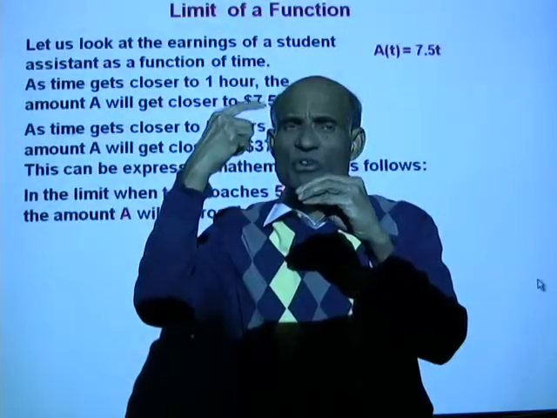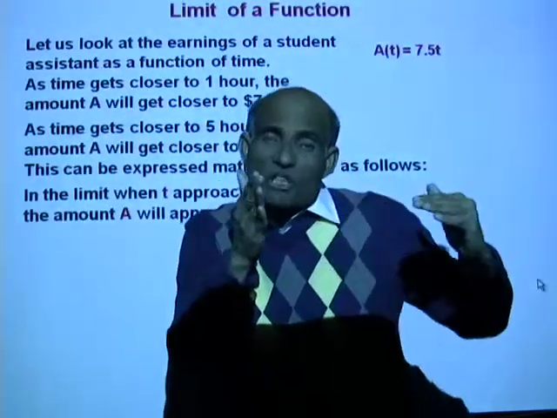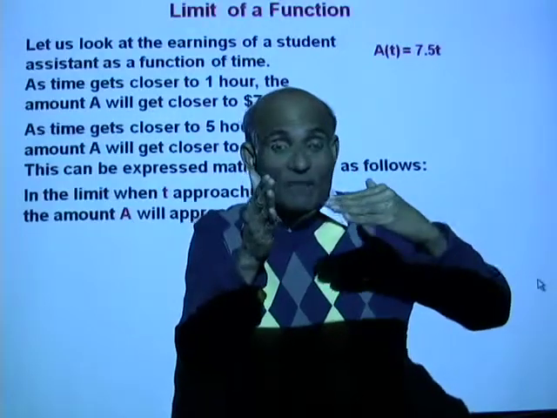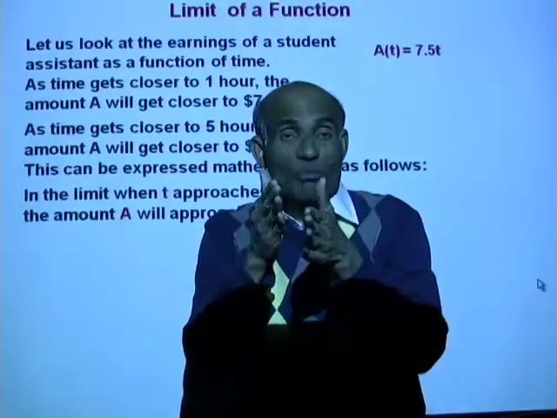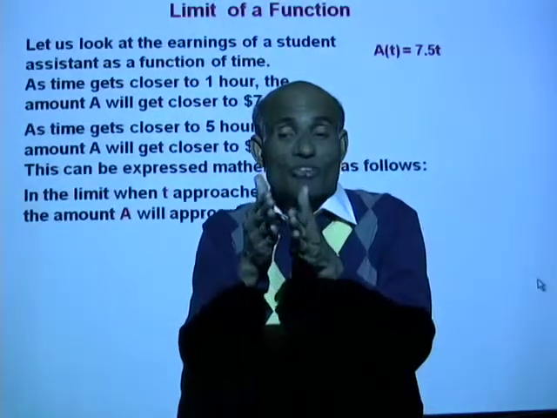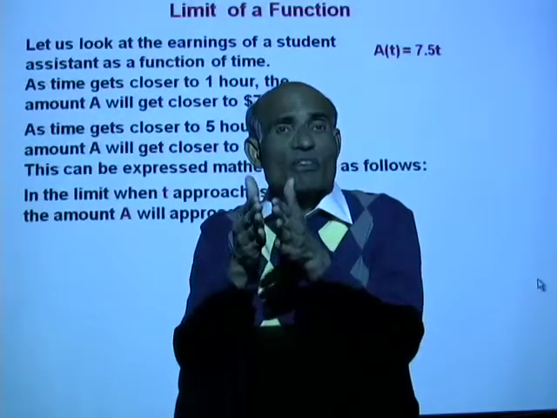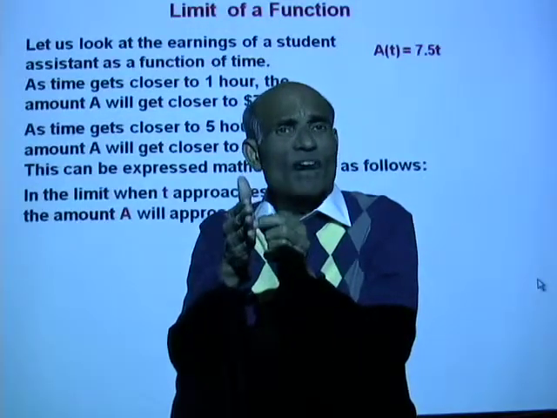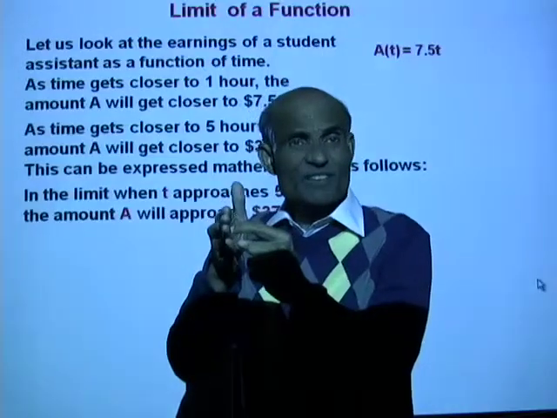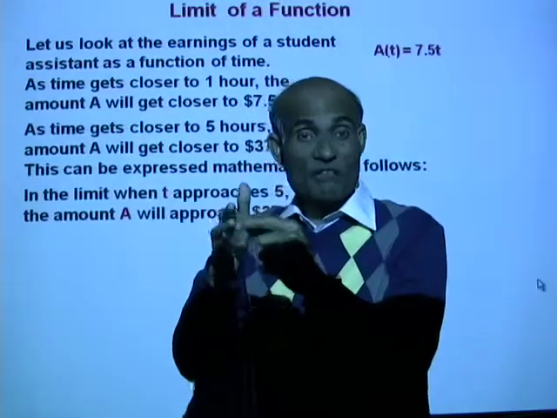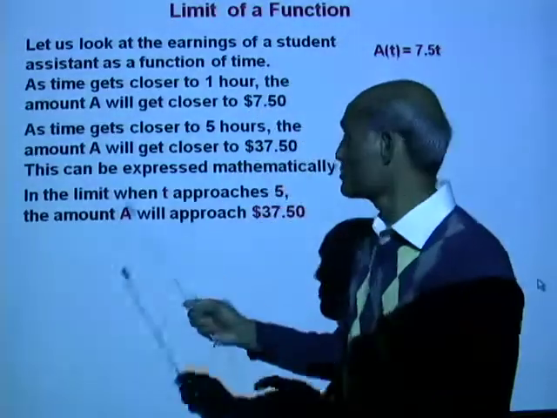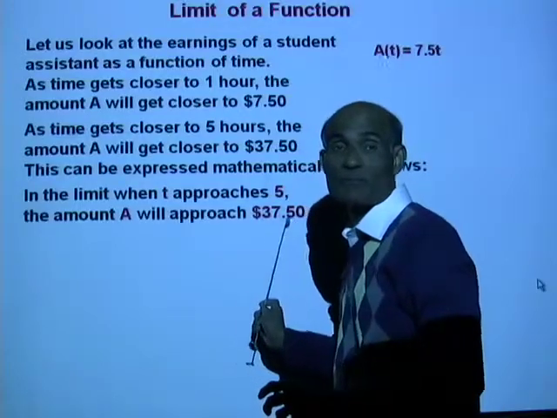It may be difficult for you to think about it, but t approaching 5 from the left has a meaning. Is that right? 4.5 hours, 4.6 hours, 4.7, 4.8, 4.9, 4.99. Yes, I'm approaching 5 and my output is approaching 37.5.